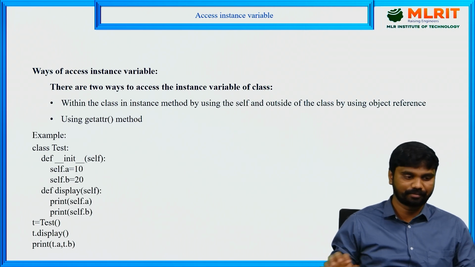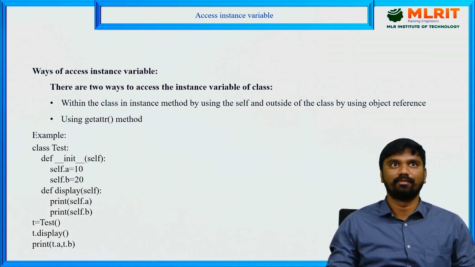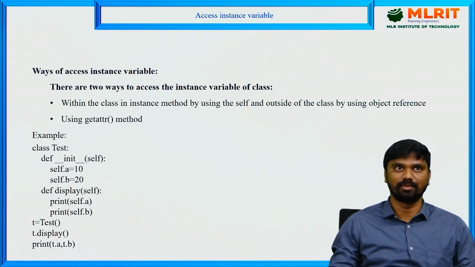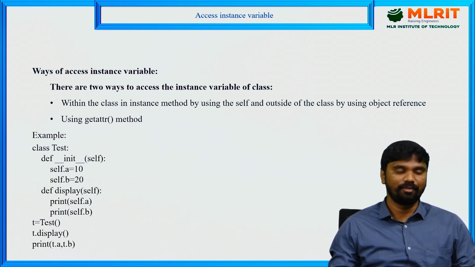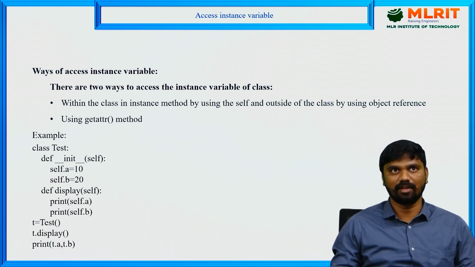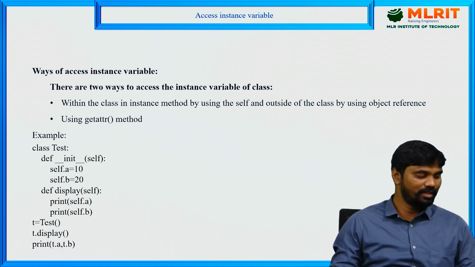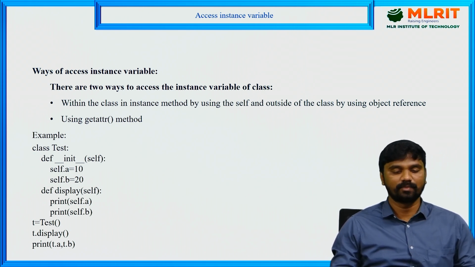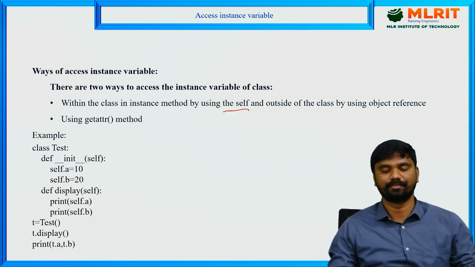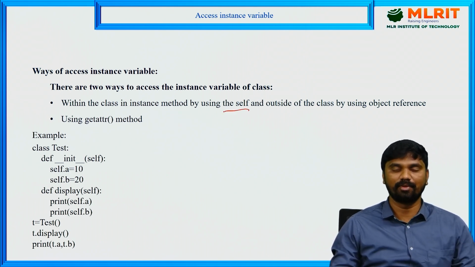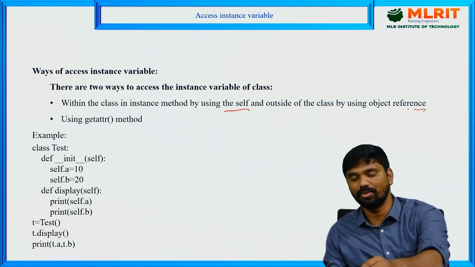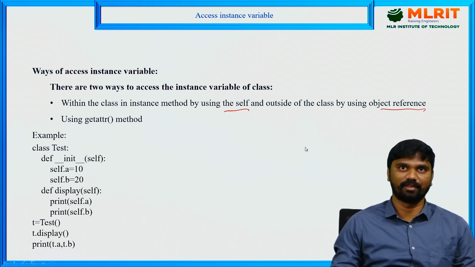Next, how can we access the instance variables? We can access the instance variables in two ways. One is, if you want to access the instance variable within the class, then you can use the self keyword. Or if you are going to access the instance variable from outside of the class, then use the object reference.